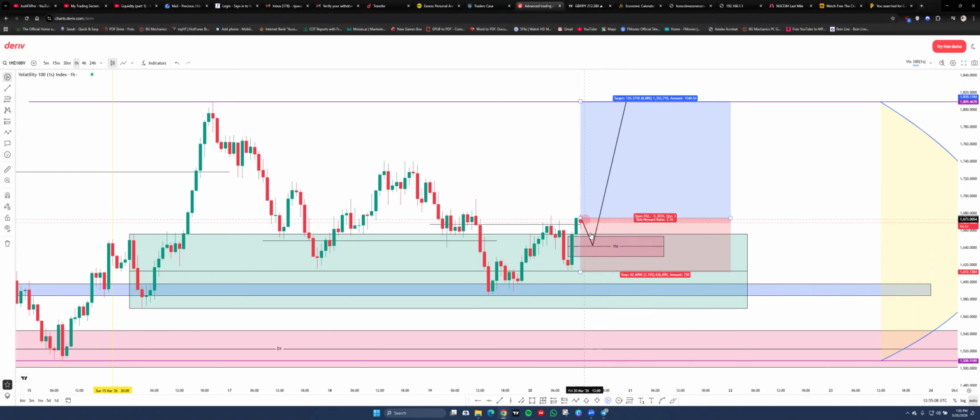If I see this move come back without trending downwards, and also in this same 1 hour we have another block here as well. So just be on the lookout for this stuff still.